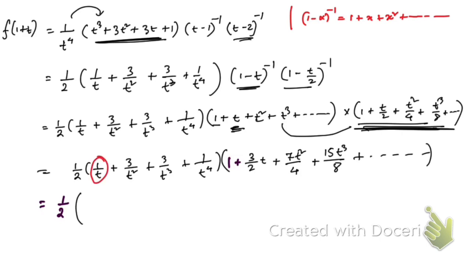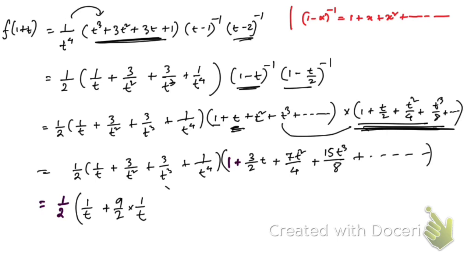Now you see, if you multiply 1 by t with 1, then you're going to get 1 by t, right? Then if you multiply 1 by t with this 3 by t, you are not going to get 1 by t, so just leave it. Now if you multiply this one with this, you're going to get 9 by 2 into 1 by t, right? Hope you have understood. This is plus.